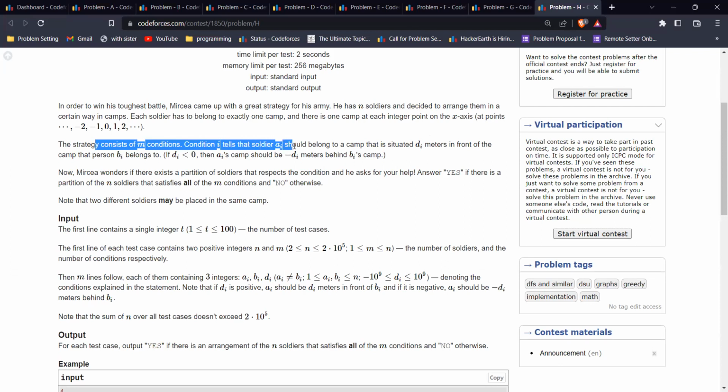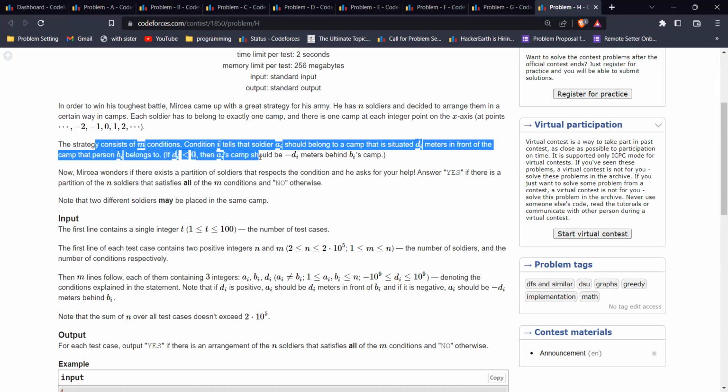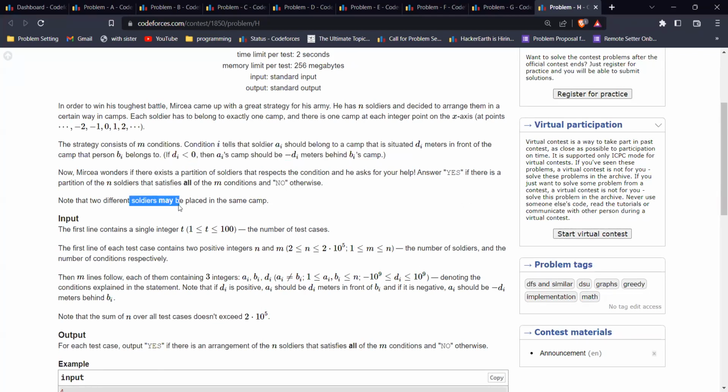Condition I tells us that the AI-th soldier should belong to a camp that is situated DI meters in front of the camp that person BI belongs to. If DI is less than 0, then AI's camp should be minus DI meters behind BI's camp. So if there's a way that all of these conditions are satisfied, we'll output yes, otherwise no. And more than one soldier can stay in a camp.